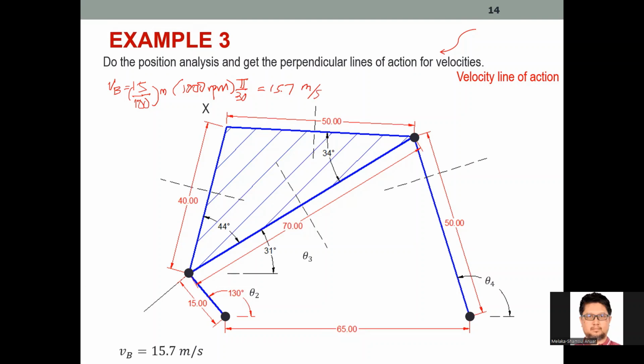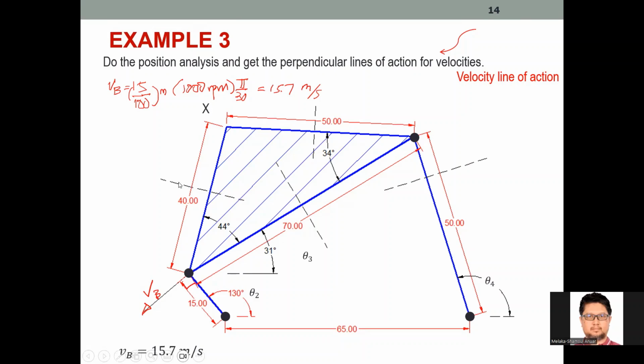So that will be this direction. Needs to be perpendicular. This is 90 degrees over there.